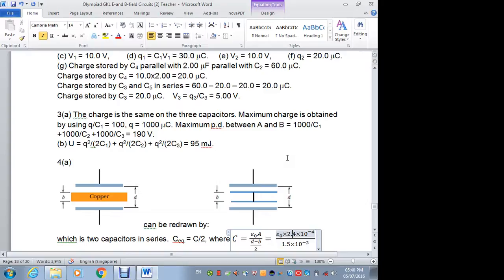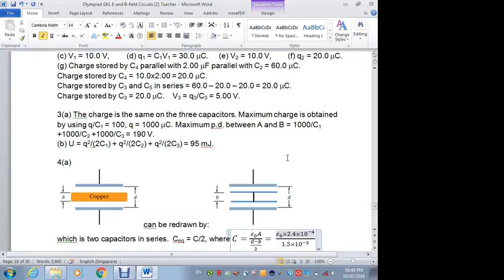So this Q also represents the Q for all three because they're in series. So the maximum PD between A and B will equal Q over C1, that will give you V1.